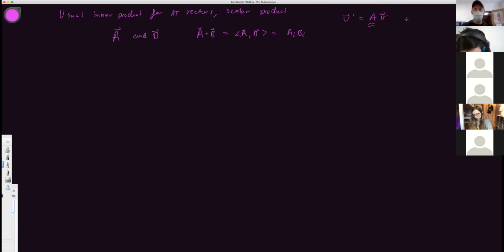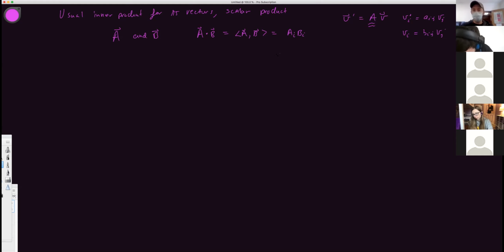If we write that in components, V'_i is A_ij V_j, where of course we're using the Einstein sum convention on the j. We just saw this a bunch of times, right? And going backwards, V_i is B_ij V'_j, etc., right?